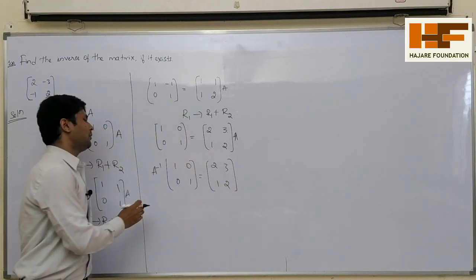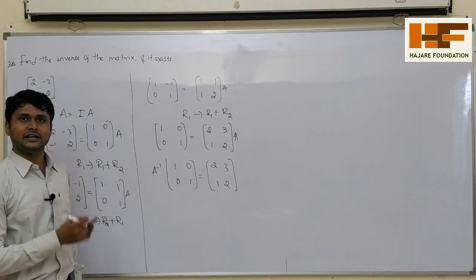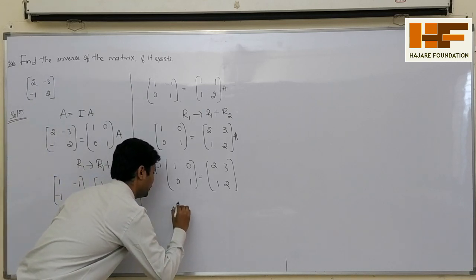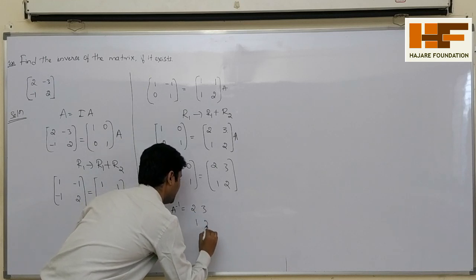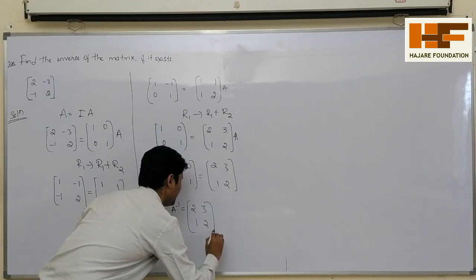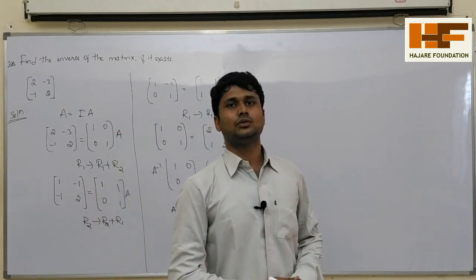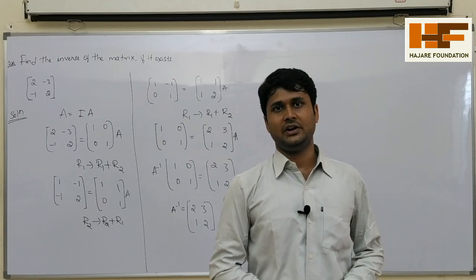We have to multiply this A inverse with identity matrix. Again, we will get A inverse matrix. A inverse is equal to 2, 3, 1, 2. This is the inverse of the given matrix. In this type, we have to solve the example using the elementary row operation. Thank you.